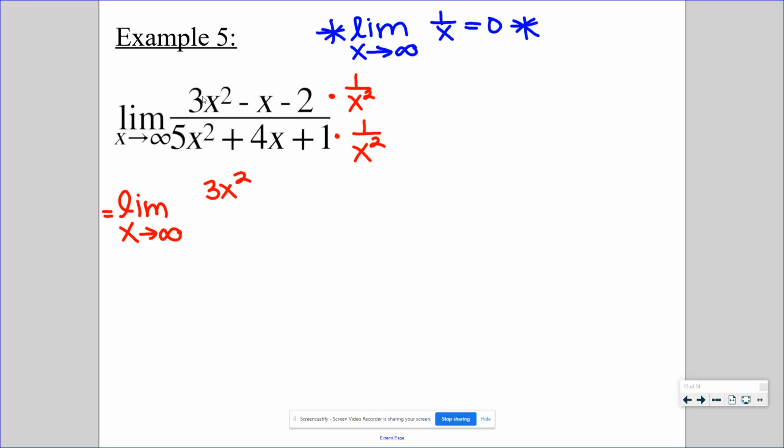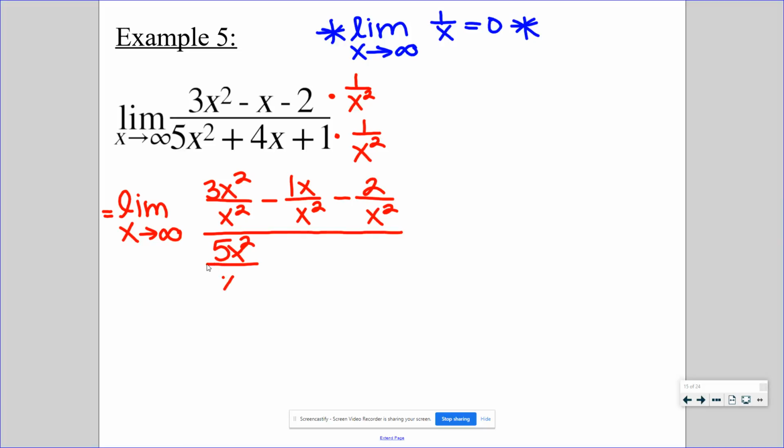So this will be like 3x squared over x squared minus 1x over x squared. That should be minus 2 over x squared. Okay, and I'm just going to keep going. Same thing in the denominator, taking each term and putting it over that x squared because I'm multiplying everything by 1 over x squared.